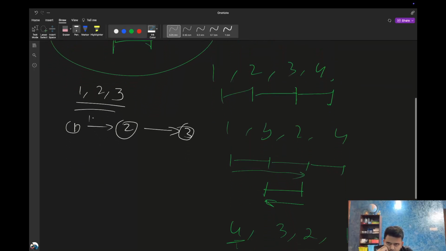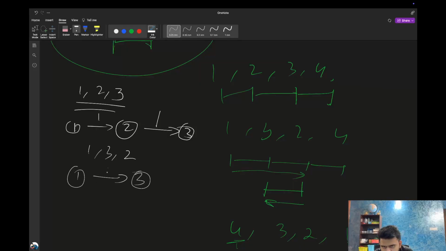So you have 2 minus 1, so that's 1. When you have 1, 3, 2, you have 1, 2, 3, and 2 to 3.